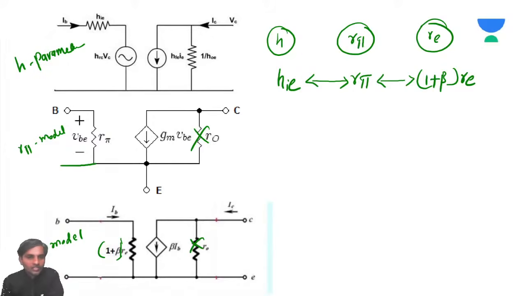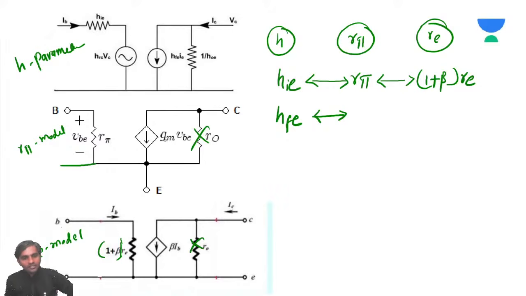Now you can also see one more important thing here. What is HFE, sir? HFE is the forward current gain. So what is the current gain here? We have written GM into VB, but here HIE into some value IB. I see IB is here. So how will you write this?